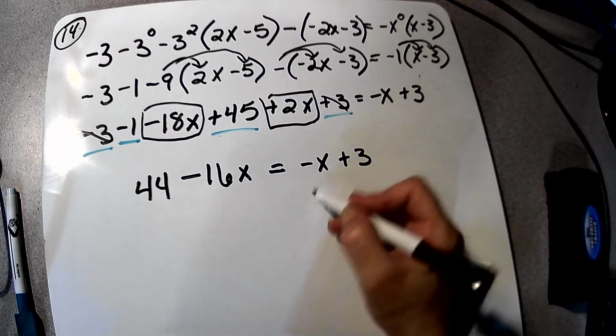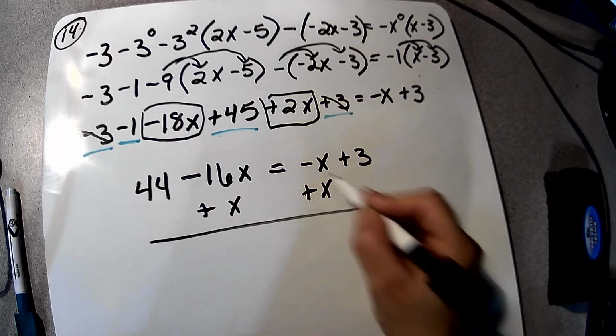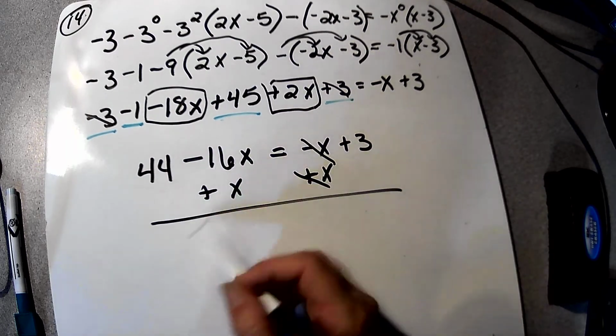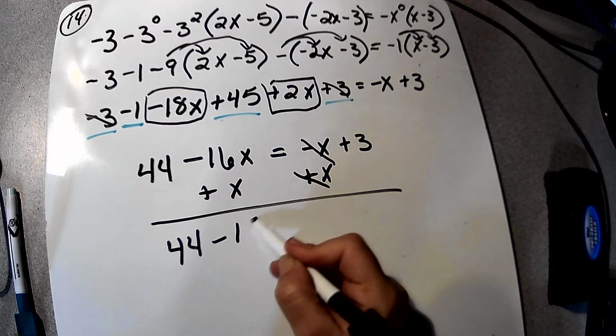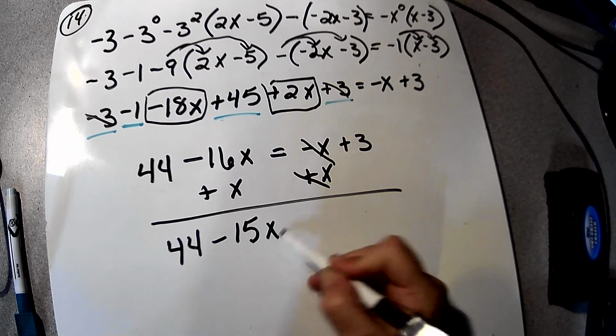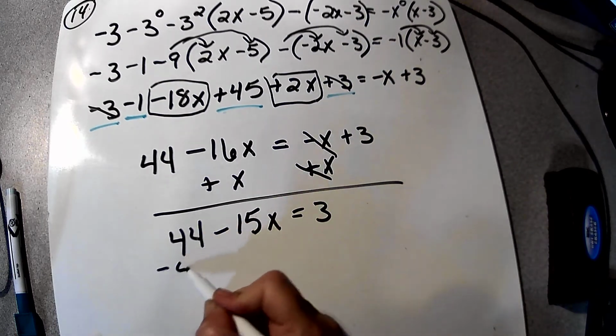Alright, I'm going to do this the old way. So plus x, that really just means plus 1. And we're going to get 44 minus 15x equals 3. And then we're just going to minus 44.